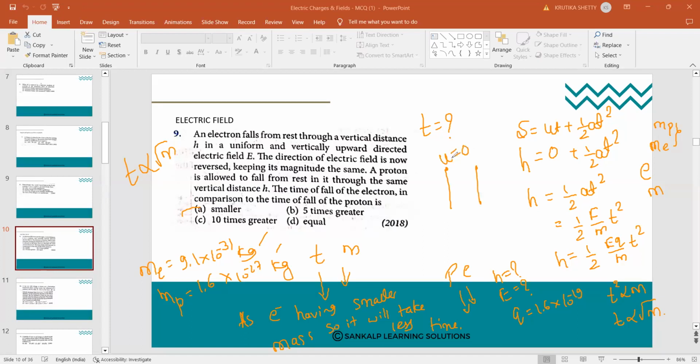Initially both are at rest, so the initial velocity is 0 and the height is h, both are falling from height h. Which will reach the earth first, or which will take less time, is what they are asking here.